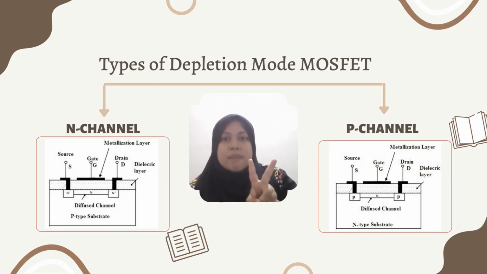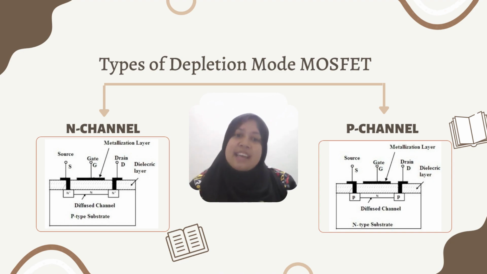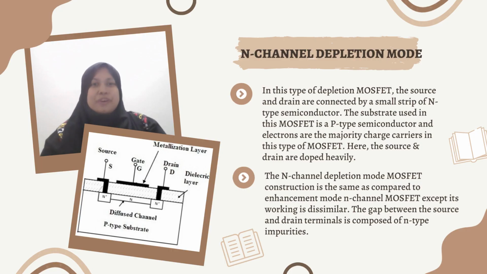There are two types of depletion mode MOSFET, which are N-channel depletion mode and P-channel depletion mode. For N-channel depletion mode, in this type of depletion MOSFET, the source and the drain are connected by a small strip of N-type semiconductor. The substrate used in this MOSFET is a P-type semiconductor, and electrons are the majority charge carrier.